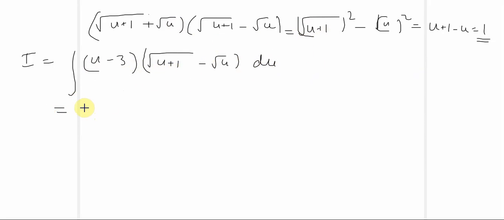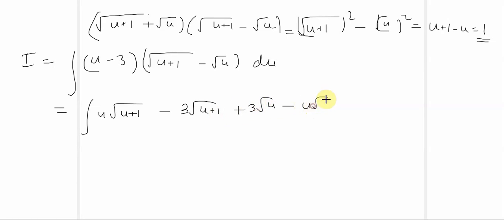Now we'll have 4 terms, we'll integrate it one by one, and that should give us the answer. This is u root u plus 1 minus 3 root u plus 1 plus 3 root u minus u root u, which is just u power 3 by 2.